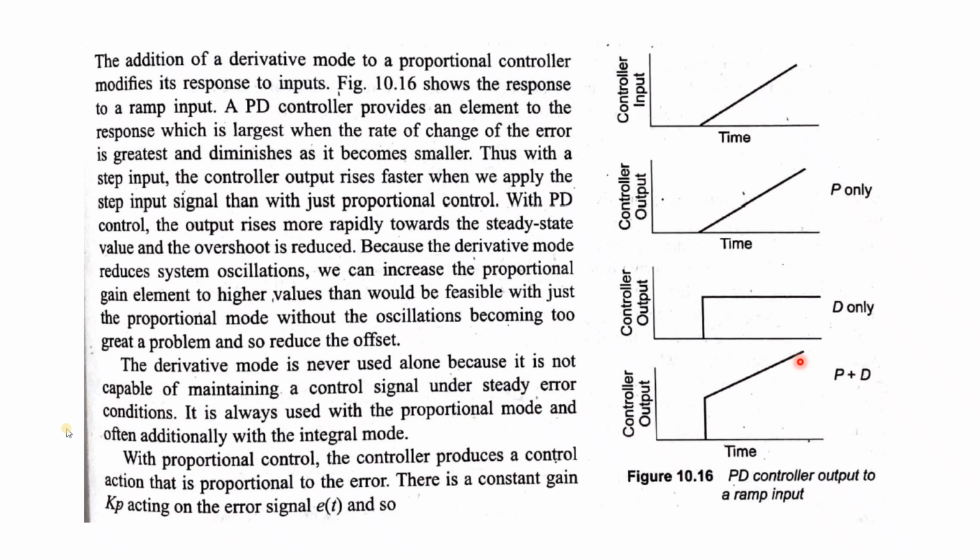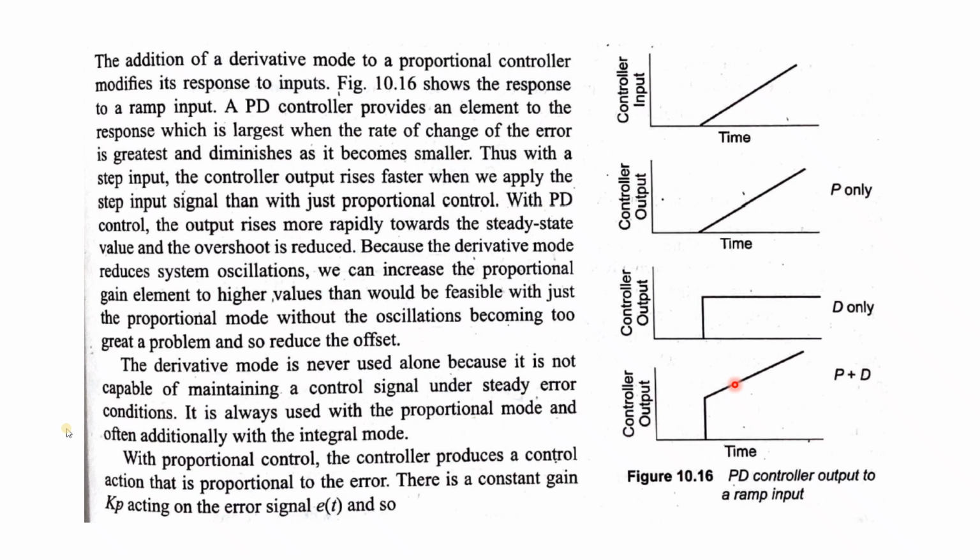Thus, with a step input, the controller output rises faster when we apply this step input signal than with just proportional controller. That means with the help of this particular controller, the controller output will rise faster. If the rise is faster, as a result it will be helping it.